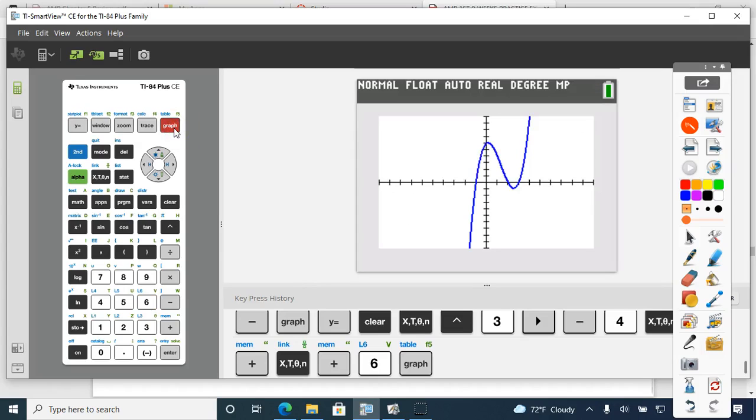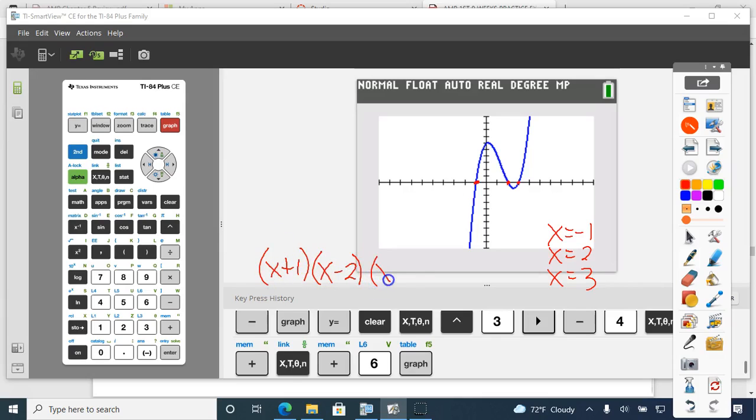Okay, so here are my roots. So x equals -1, this one x equals 2, and this one x equals 3. Those are the roots, so the factors are opposite that. X plus 1 is a factor, x minus 2 is a factor, and x minus 3 is a factor.